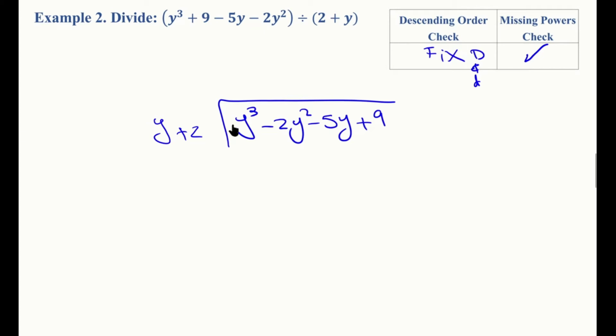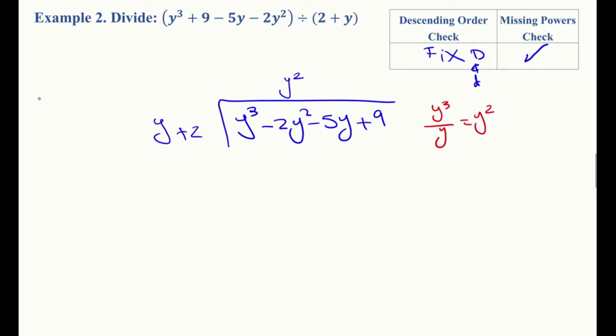We're going to divide the highest degree term here by the highest degree term here. That means y cubed divided by y. We'll show that on the side. We know that's y squared. So we go ahead and write the y squared here. Now we need to multiply.